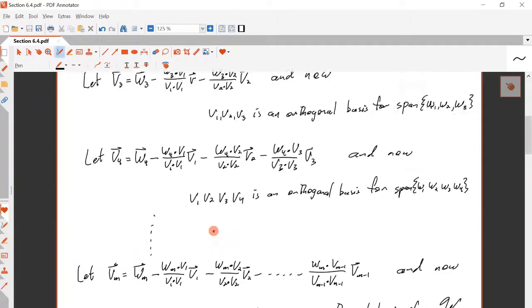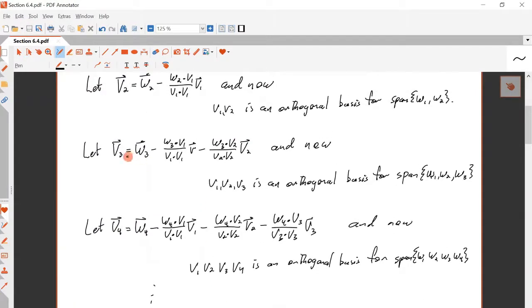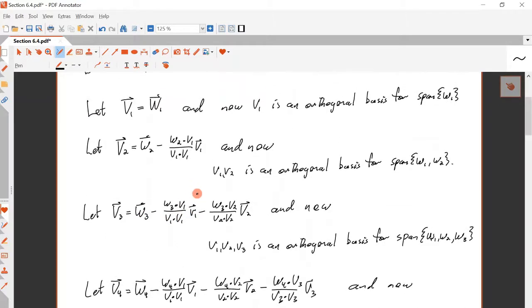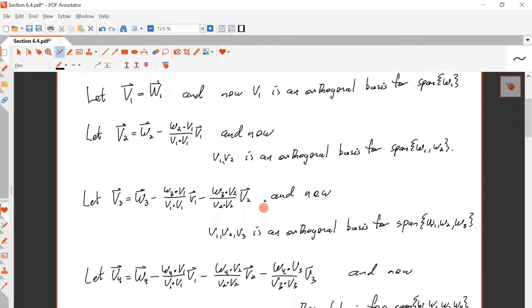Right, because what's V3? It's right here. V3 is W3 minus this times V1, but V1 is W1, minus this times V2, but V2 is a combination of W1 and W2. So V3 is just a linear combination of W1, 2, and 3.